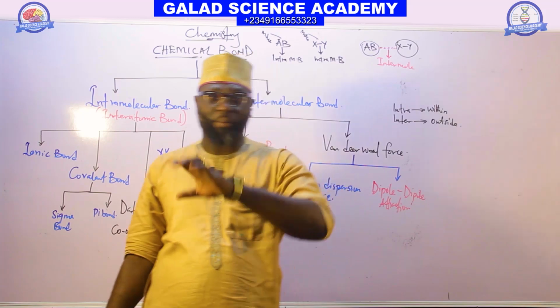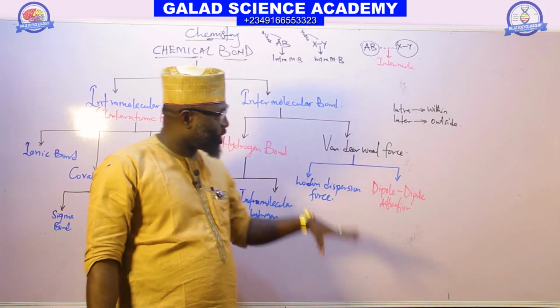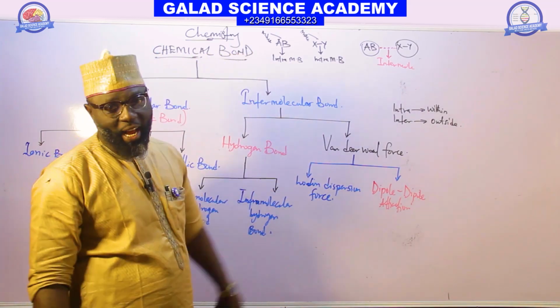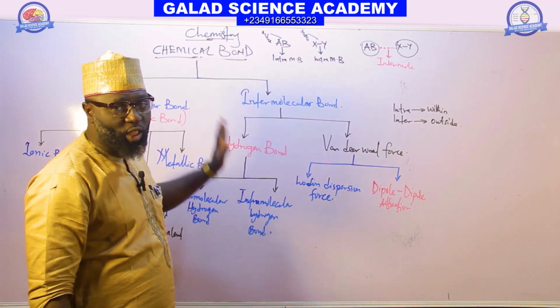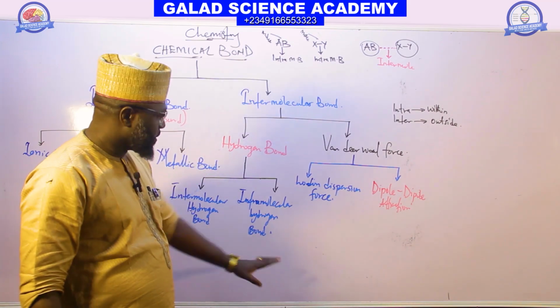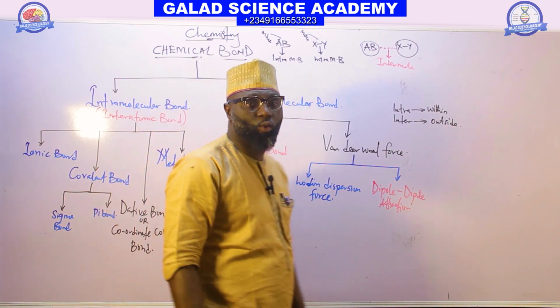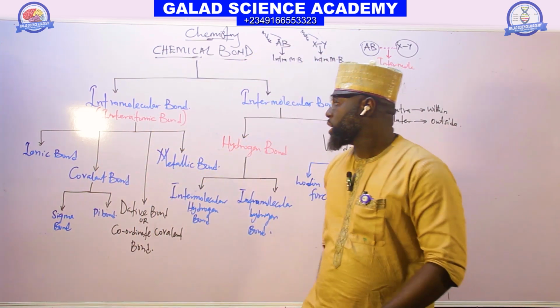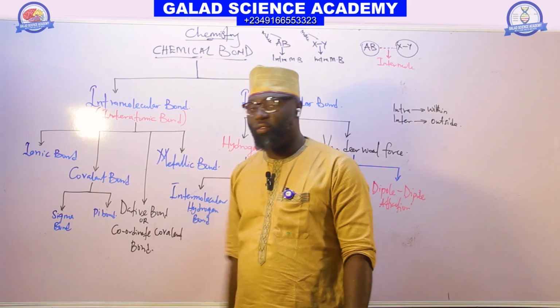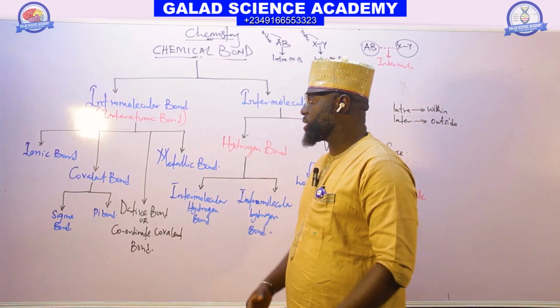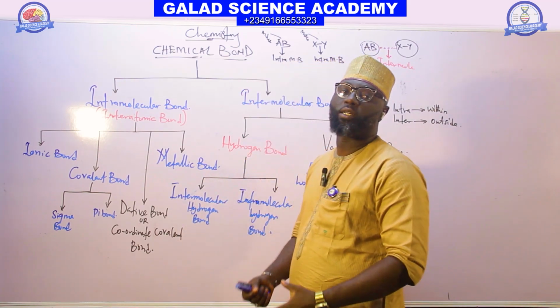There is no topic in chemistry where the knowledge of chemical bond is not required. So let's take it one after the other. The first one we have is ionic bond.